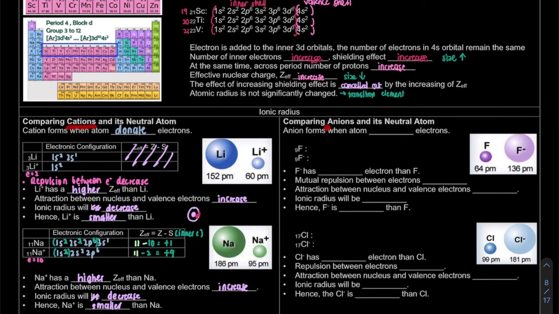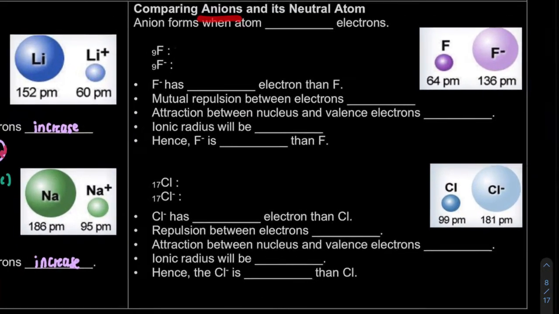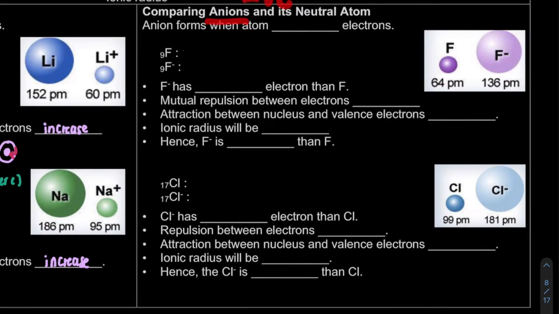Now we are going to look at our anion. Anion is our negatively charged ion. It forms when the atom gains an electron, hence it will be negative one. Take the case of 9F. Fluorine has number of proton 9.